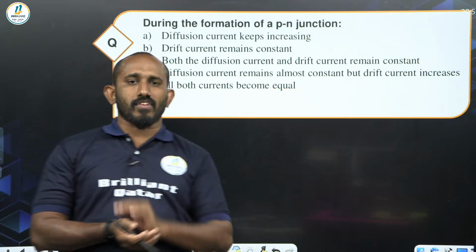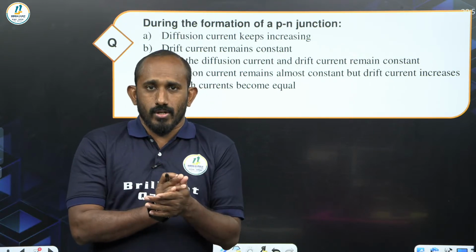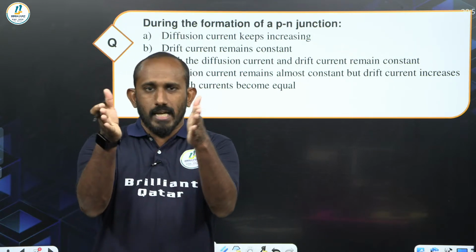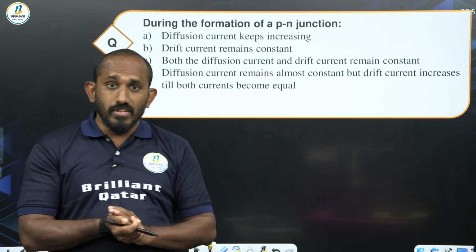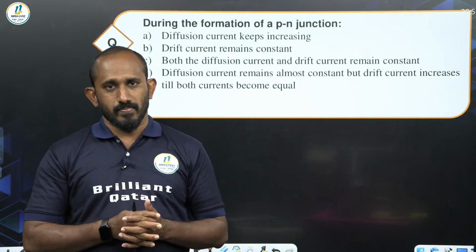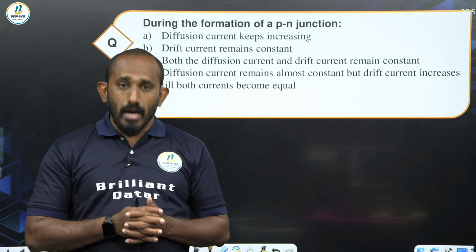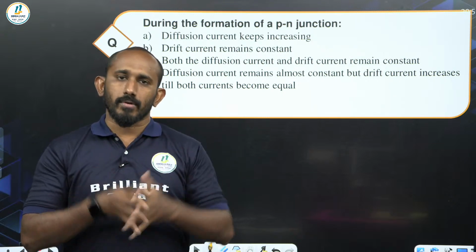See, there are two types of current, diffusion and drift. First, diffusion will be there: soon after keeping the p type and n type together, diffusion of holes takes place. Because of that attraction, electrons will drift. So diffusion and drift are both there, and it will continue till both become equal. Then the junction is formed.